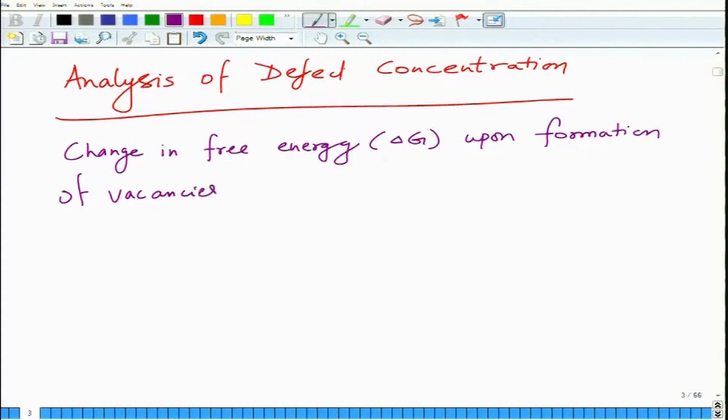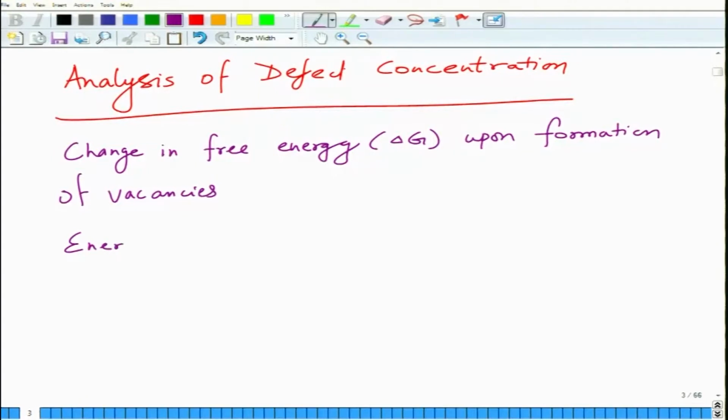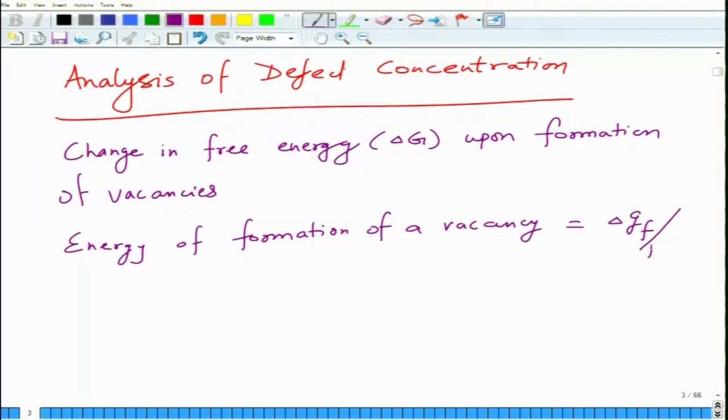If you form a vacancy, it must cost energy because you are removing an atom. Let us say the energy of formation of a vacancy is equal to delta small g f per vacancy.